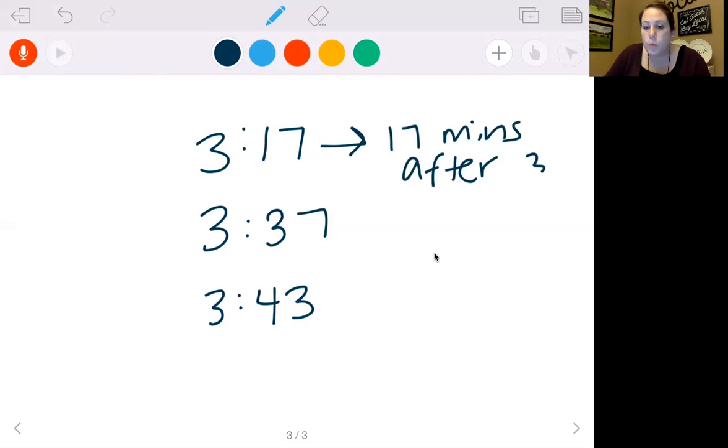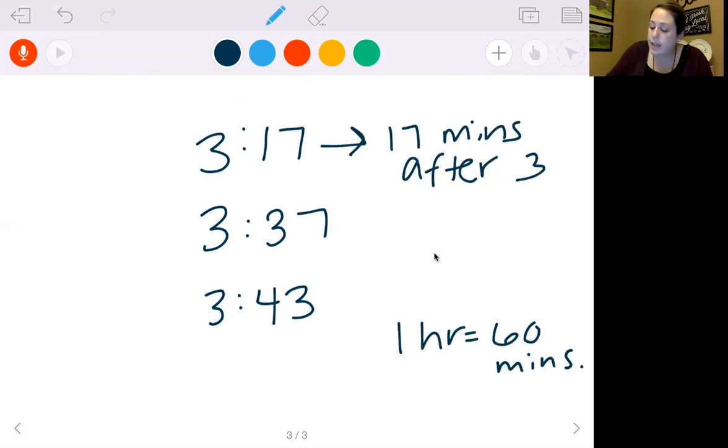So then we get to 3:37. So I'm left with 23 minutes before 4 or 17 minutes before 4. If we know that 1 hour equals 60 minutes, we can take the 60 minutes minus the 37 minutes we already have to figure out how many more minutes till we get to 4 o'clock.